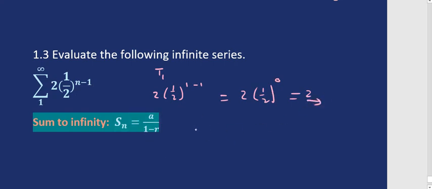Our common ratio R is the part inside the bracket, which is a half. Since we are evaluating the sum to infinity, A would be 2, the first term, term 1, over 1 minus the common ratio of a half.